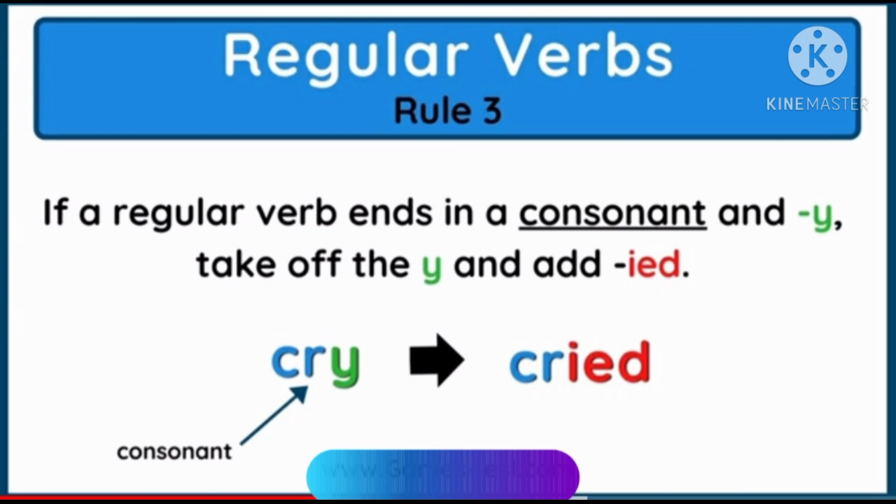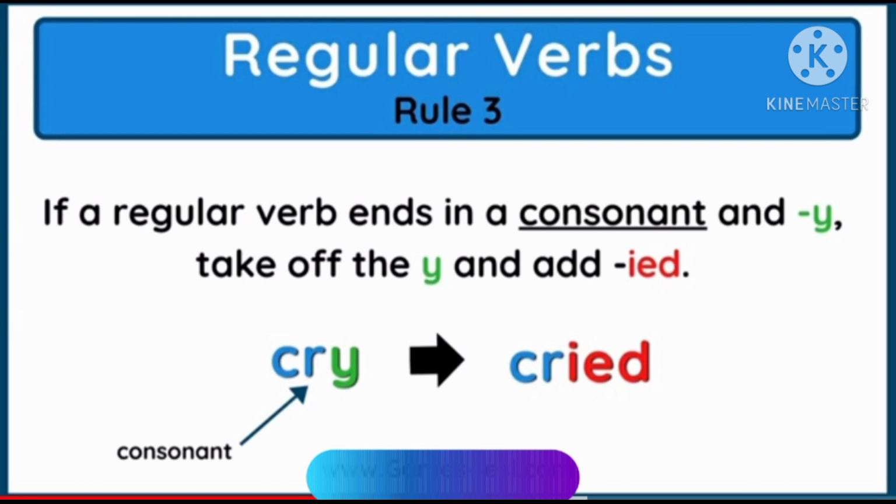When I read the base form of the word cry, C-R-Y, you can see Y is at the end and before Y we can see a consonant, that is R. So what do we have to do? Whenever you see such a regular verb which is ending with a consonant and a Y, you have to omit Y and add IED.